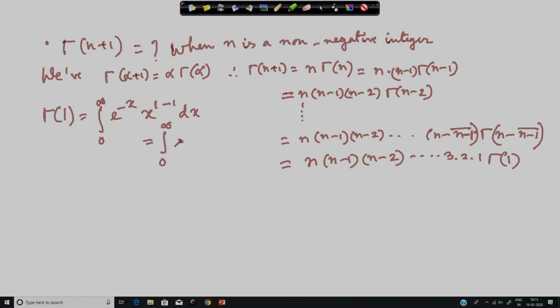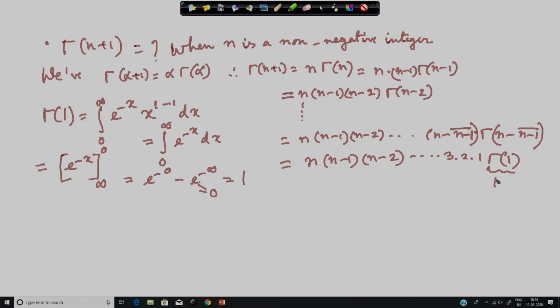The integral from 0 to infinity simply of e to the power minus x dx, because x to the power 1 minus 1, that is x to the power 0, which is 1, and then if you integrate, it will be minus e to the power minus x. I am not writing that minus sign, rather I am changing the order of the limit, infinity to 0. So, it becomes e to the power minus 0 minus e to the power minus infinity. So, this is equal to 0 and this becomes 1. So, gamma 1 is 1.